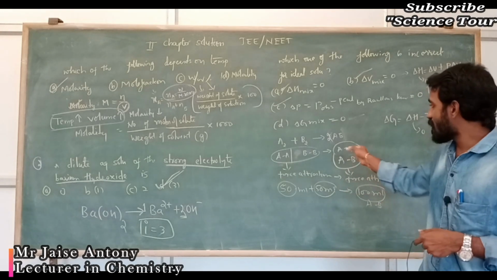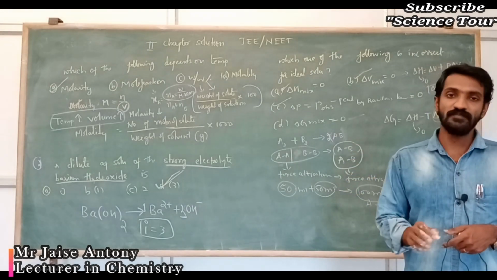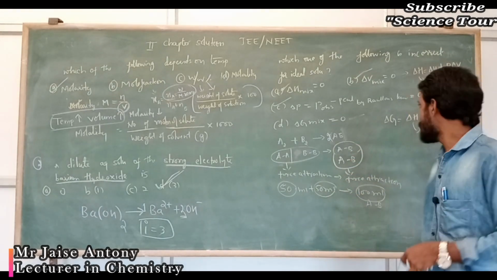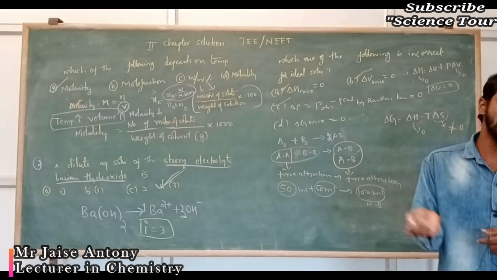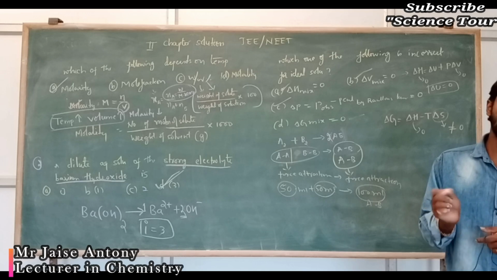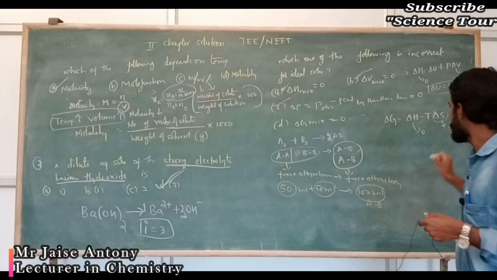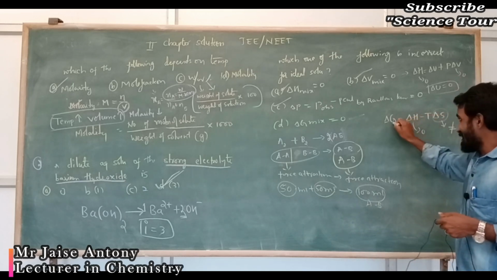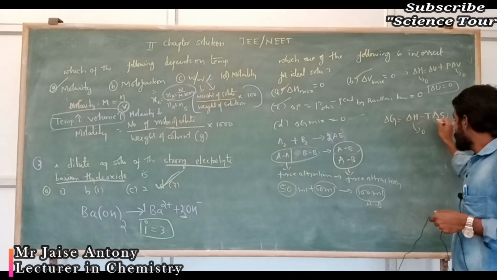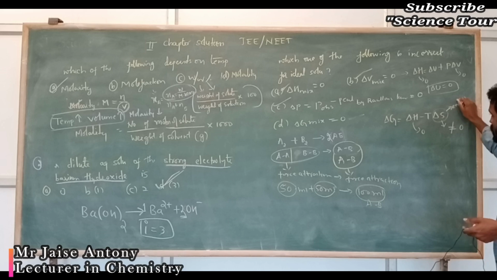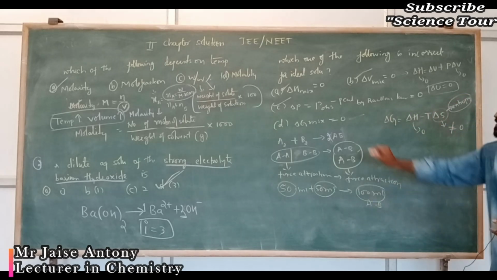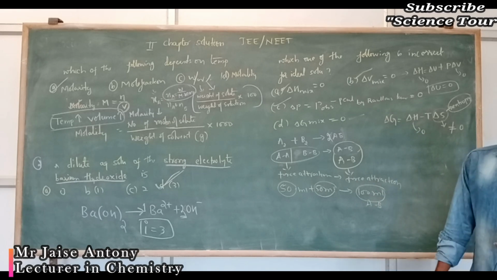The same thing happens here also. A and B, once you mix them, form a mixture of A and B. That means entropy is not equal to 0; most of the time it increases, sometimes it decreases, it depends on the reaction. But delta G mix becomes 0 only if the entropy term is 0, so that the change in Gibbs free energy is 0.